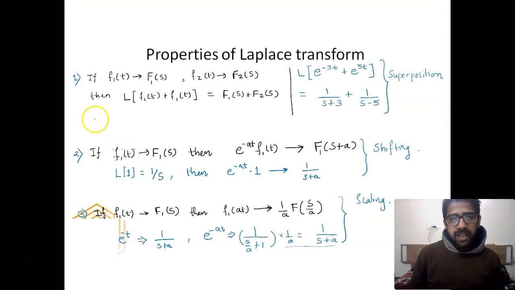So let us say you have function A, and after taking the Laplace transform and computing, you get the final Laplace transform, which is B. Now you need to calculate the inverse Laplace transform of B, but you do not know what exactly it is.